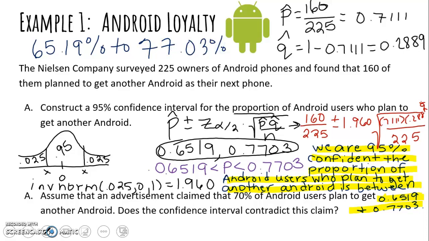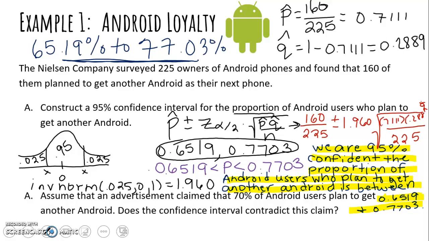So the true percent is somewhere between 65% and 77%. About that. Anyway, if the advertisement claims that it's 70%, 70% is somewhere in between these two numbers, correct? So the true proportion is somewhere between 65 and 77%, so that could include 70%.